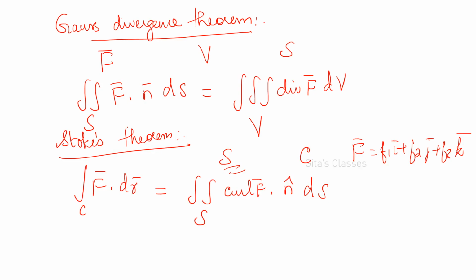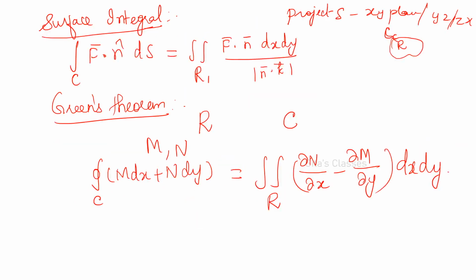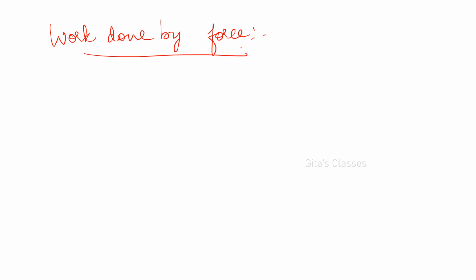And in work done by force, you have one more important point, that is the integral over C of F dot dr. If F is irrotational, then the integral over C of F dot dr will be equal to 0.